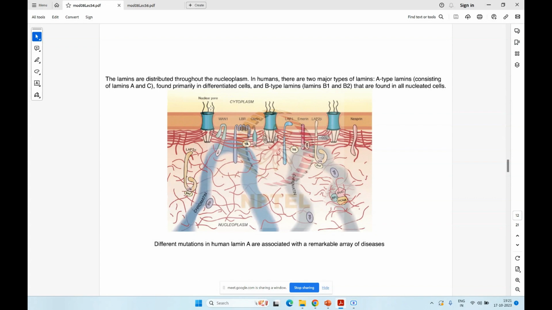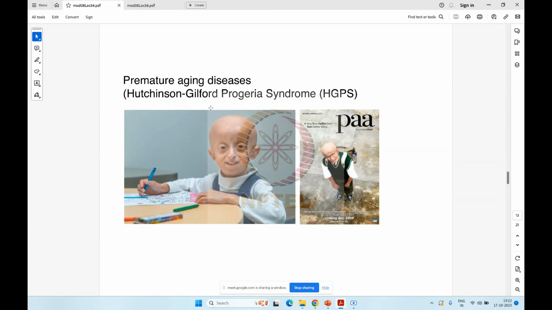Mutations in these lamins will lead to different kinds of diseases, and one of the examples for that is Hutchinson-Gilford progeria syndrome, or progeria, which is a defect in the lamin A gene, if I'm not wrong.